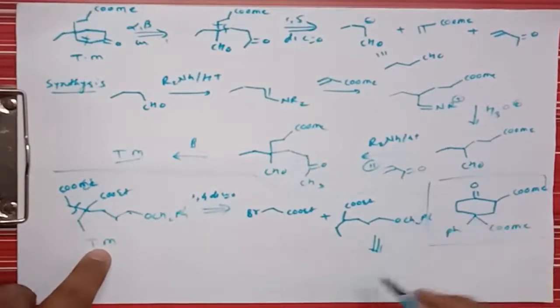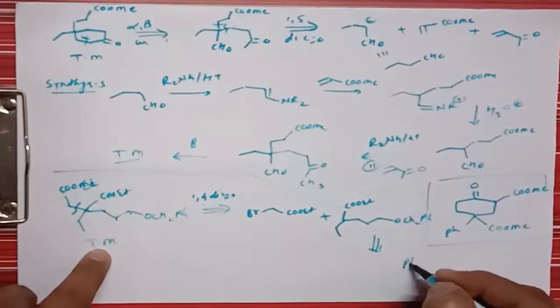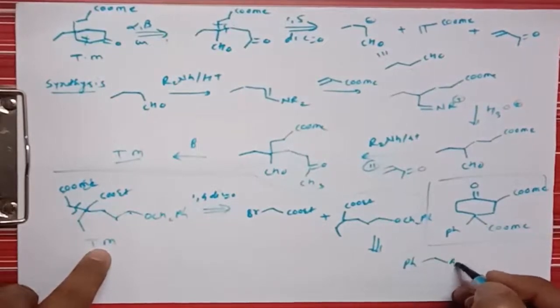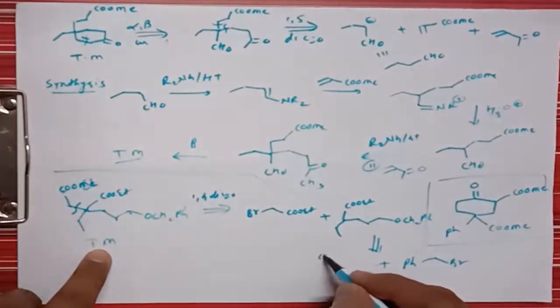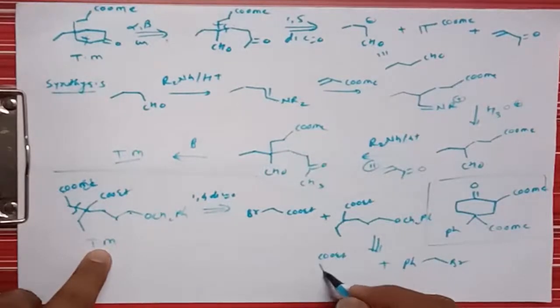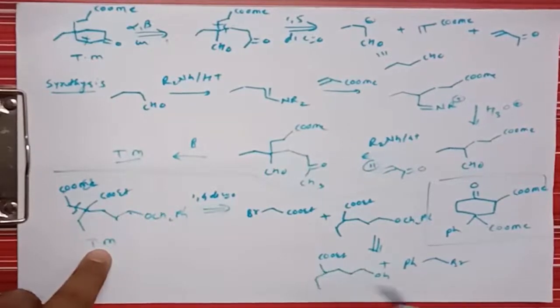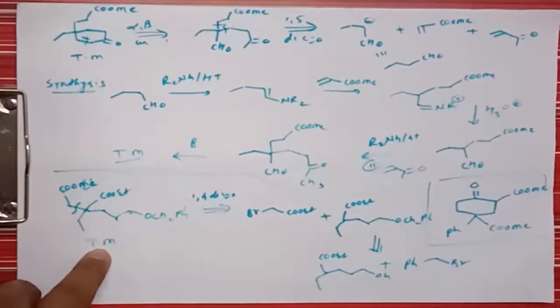Here we can break this molecule, and then here it gives PhCH2Br, plus along with it gives the remaining molecule, which will be the same, that is COOEt, here is CH CH2 CH2 CH2 CH2 OH, and here CH2 CH3 will be the same.